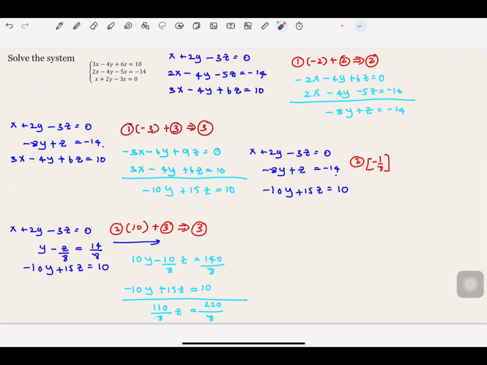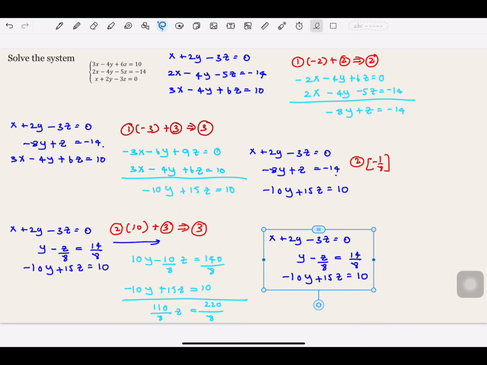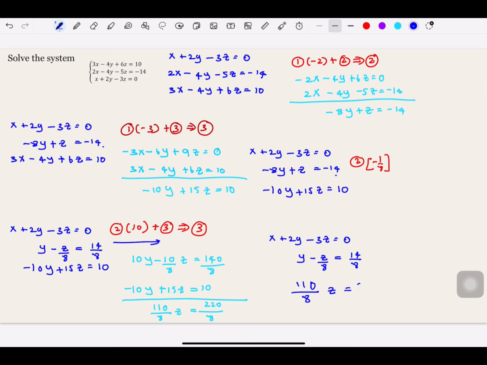So now you can replace your third equation by this. So let's copy this down and let me paste that over here. And I'm going to copy this down. The third equation is going to be 110 divided by 8, z equals 220 over 8.